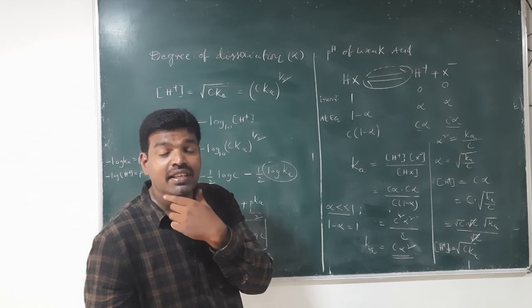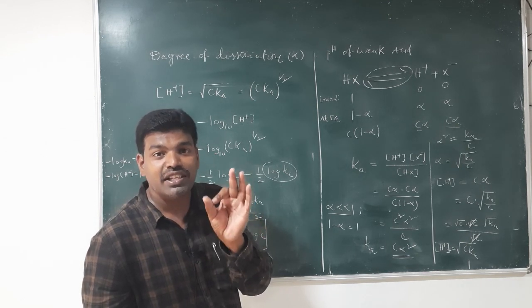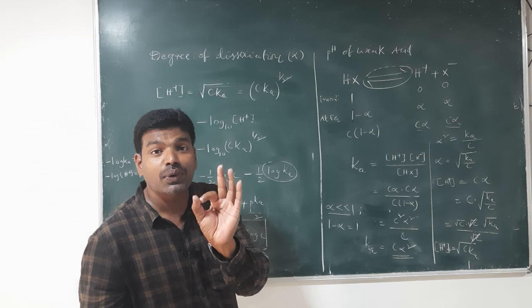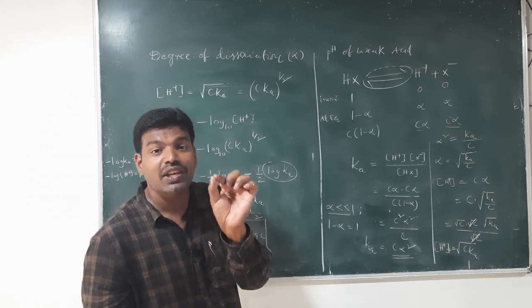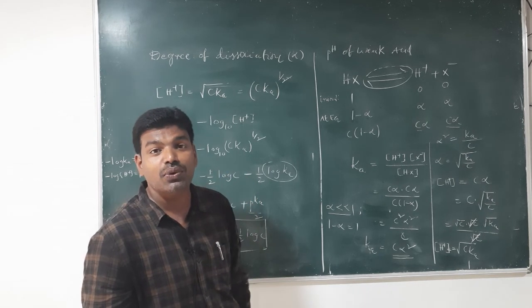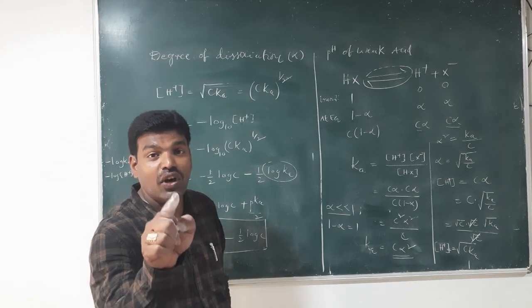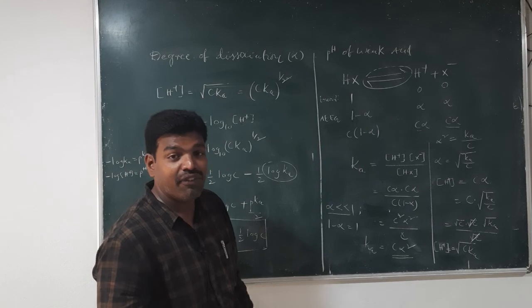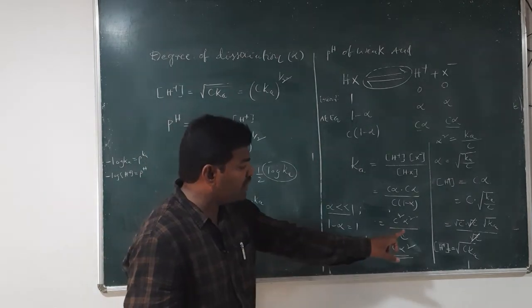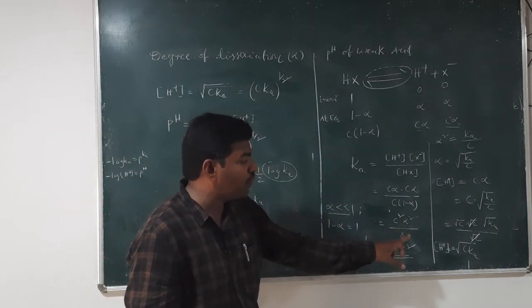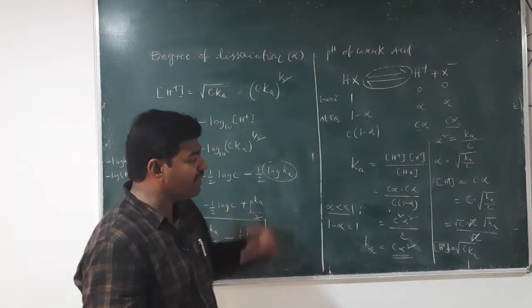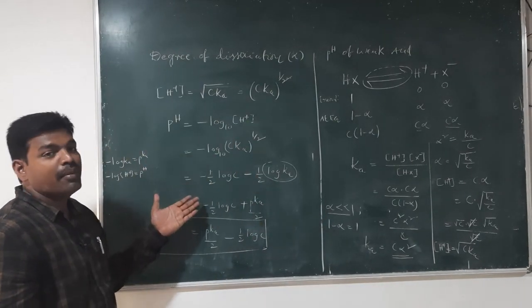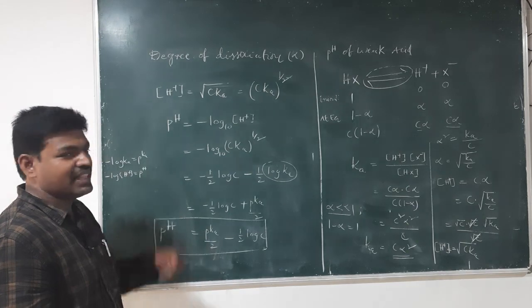Whenever a compound undergoes partial dissociation, we need to discuss its degree of dissociation. So, we performed this calculation and finally we came to know the concentration of H plus ion is root CKa, and from that we calculate the pH of a weak acid.